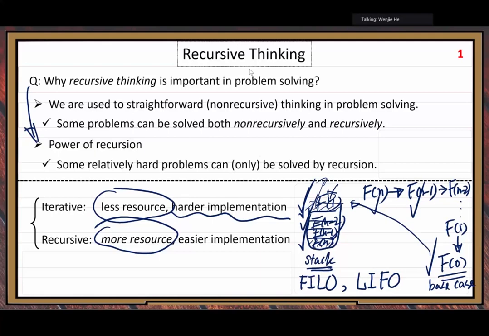Can you see how much resource we need to use in this way? This whole stack is computing resource in the main memory.